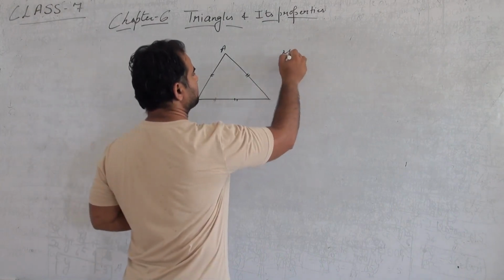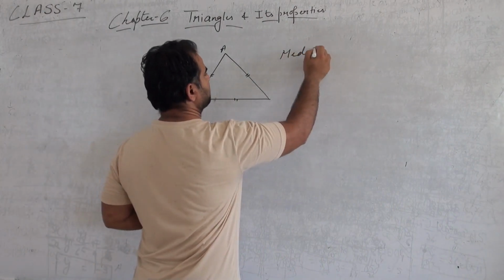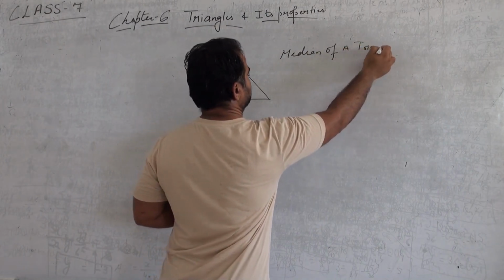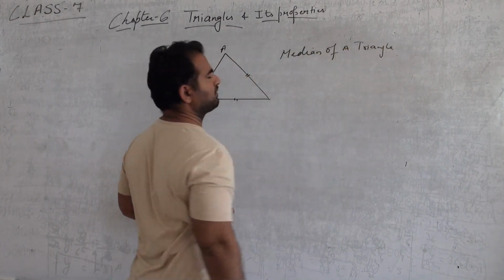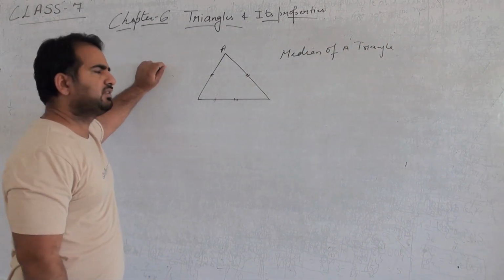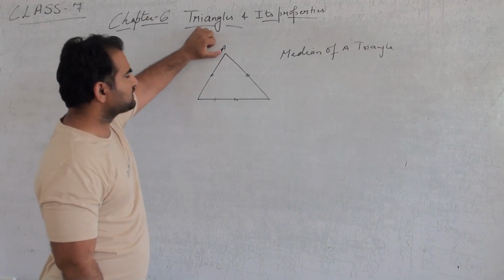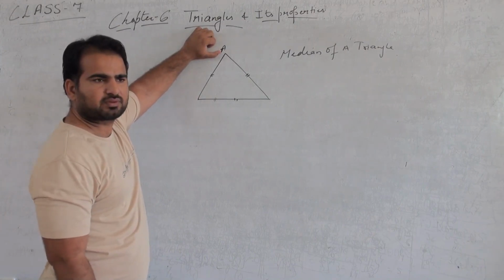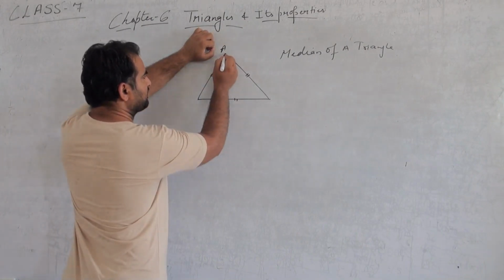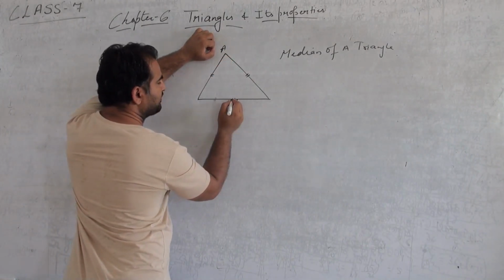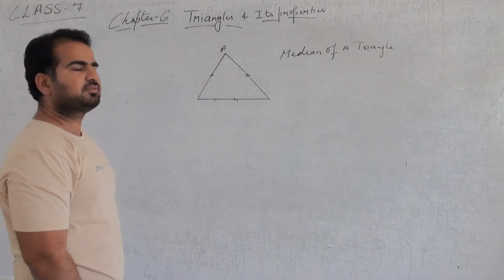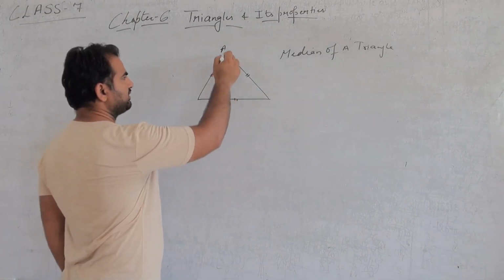The median of a triangle is the line drawn from the topmost point of a triangle and joining the midpoint of the opposite side.